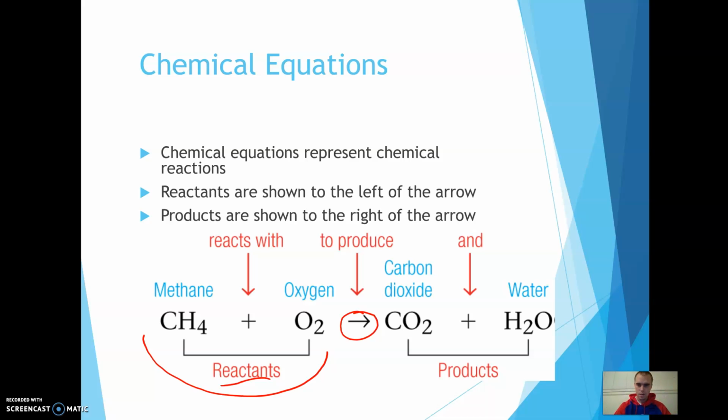The things over here on the right side, we call products because those are the things that get produced. Simple. Reactants on the left, products on the right. And then we have our arrow. We call that the yields arrow, or to produce it. These things react to produce these things. Just some vocab so that you know what I'm talking about as we go through these.